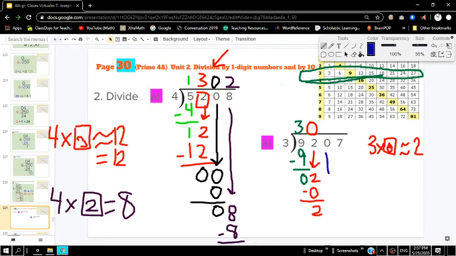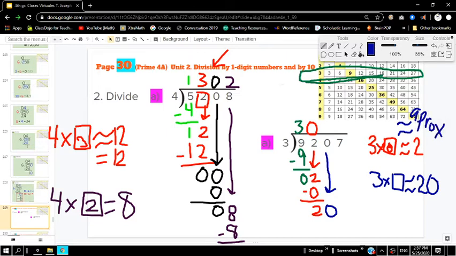Our next number is a 0. How many times will 3 go into 20? 3 times what number is approximately equal to 20? You'll notice I'm using a squiggly equal sign. That means approximate or estimate, which we've learned before in the past.